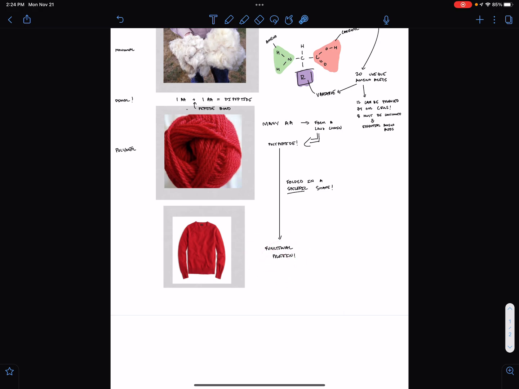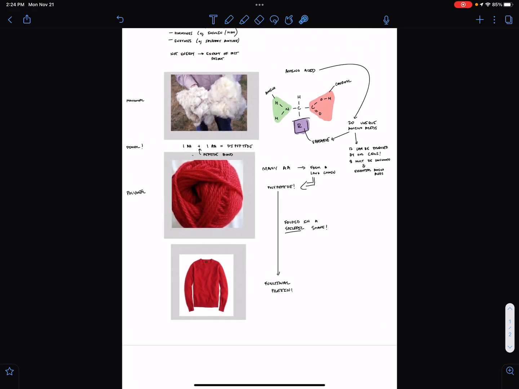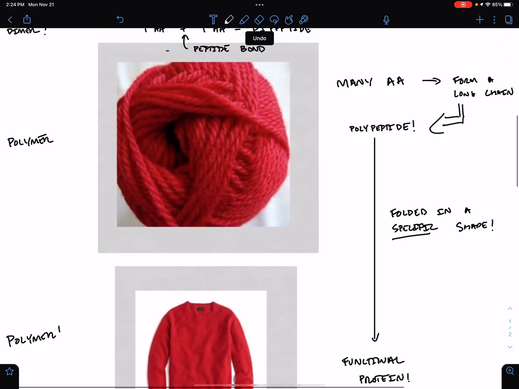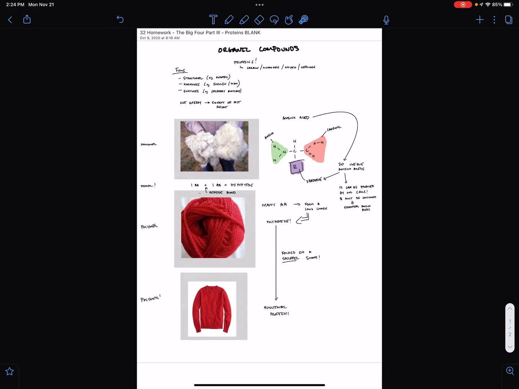So what happens at every stage? How do we get there? And then what happens when it falls apart? Yes, so much more to come on this. So I guess this is also a polymer. But yeah, the big takeaway, proteins, in order to be functional, have to be folded into a specific shape. That is all. I'll see you in class after break.